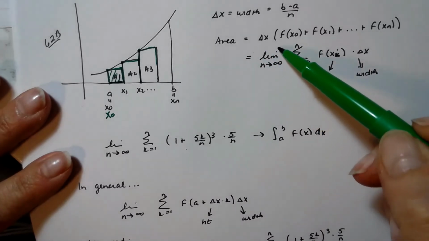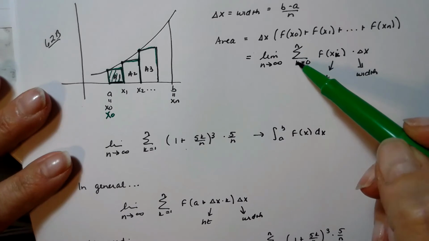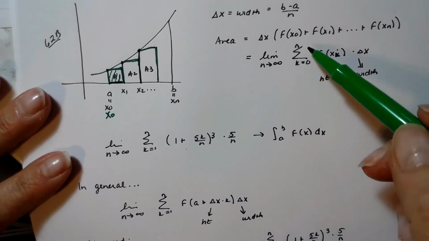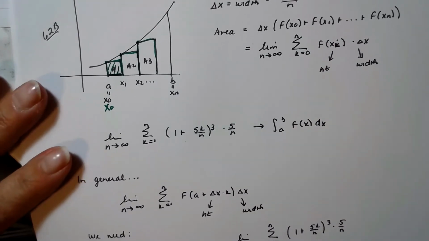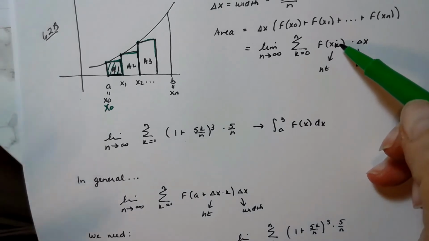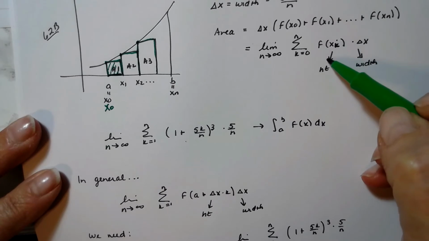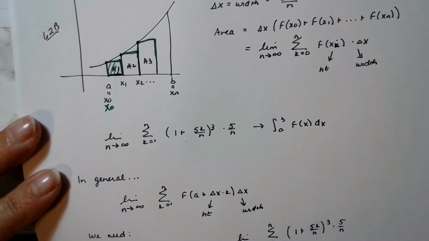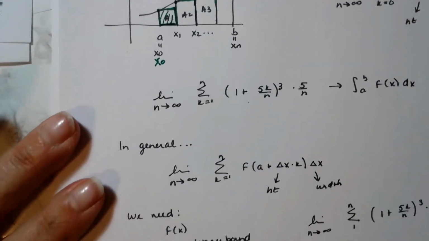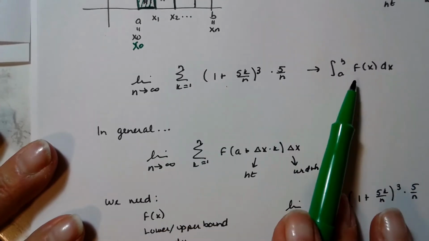So the limit, as the number of rectangles increases, of the sum from k equals 0 to n, and this could be 1 to n, it could be 5 to n, those indices can change, is equal to the height of the function, x sub k, times delta x, which is the width. What we have to do in a case like this is rewrite this in this form.